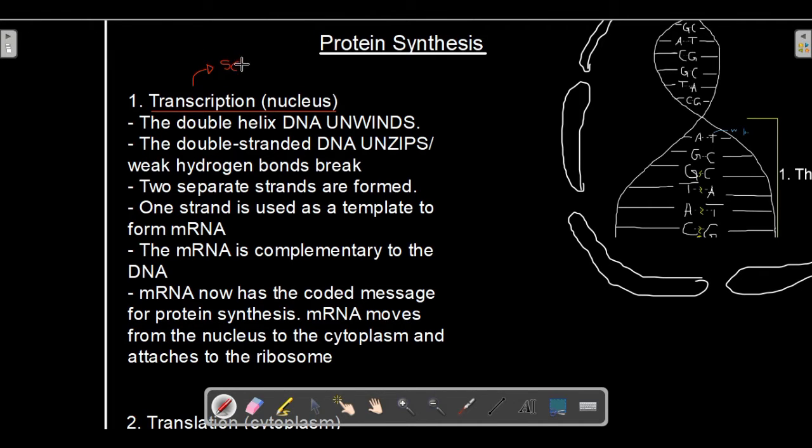Back then there were no photocopy machines, and so there were people that would copy written information. You will see how this relates to this analogy. So that's the first stage, transcription, and it occurs in the nucleus, inside the nucleus.